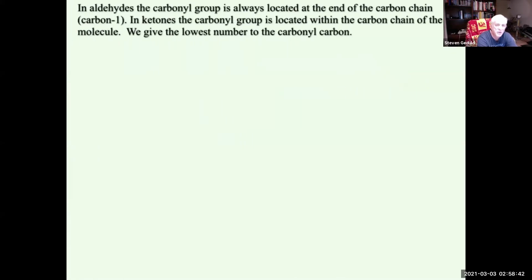In aldehydes, the carbonyl group is always located at the end of the carbon chain. Remember, aldehydes have a hydrogen attached to it. Hydrogens are terminal. Once there's a hydrogen, just like any Lewis structure we draw, the molecule terminates, it ends, it can't keep going.